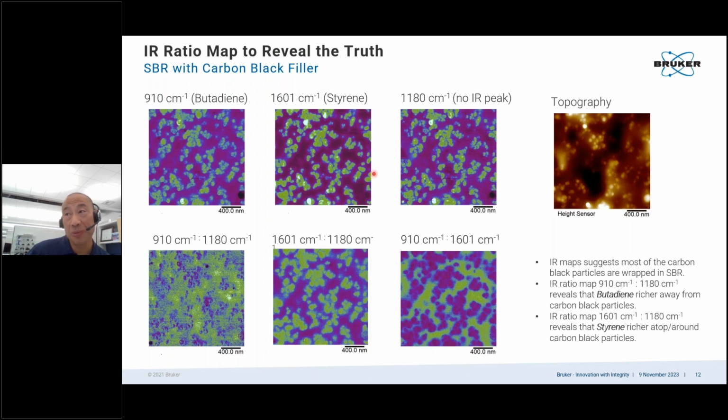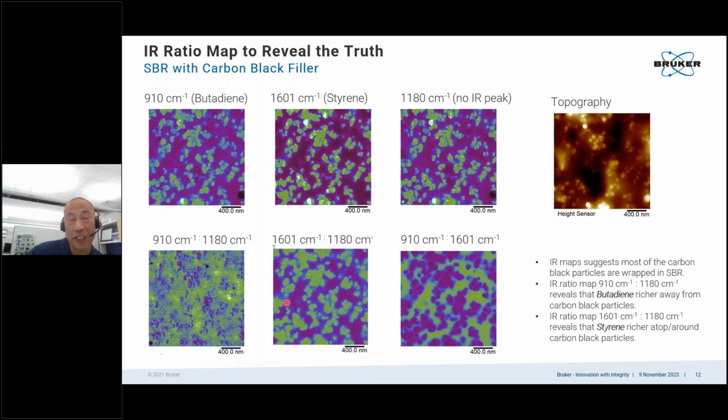So how do we solve this problem? We can do a ratio map. For example, if we divide the butadiene map by the 1180 map, we get the picture below. Now we can see little signal over the carbon black, and away from there you see stronger signal for butadiene.